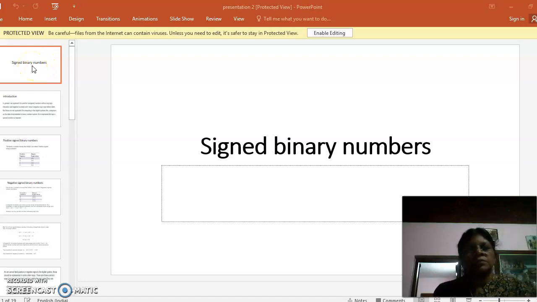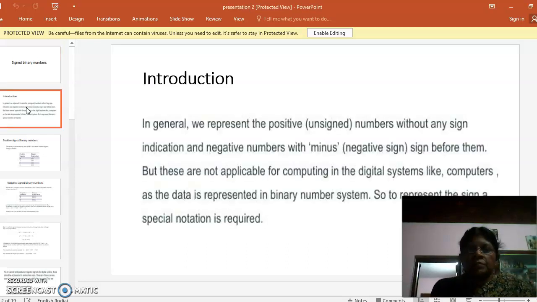Let us discuss this topic, signed binary numbers. Generally, signed numbers represent positive unsigned numbers without any sign indication and negative numbers with a minus sign before them.